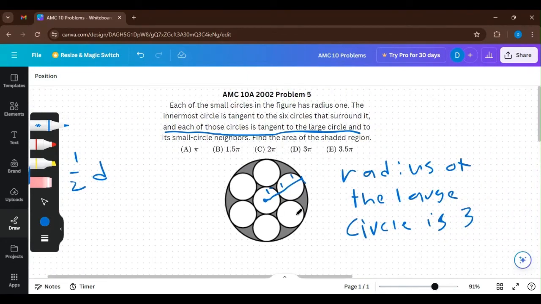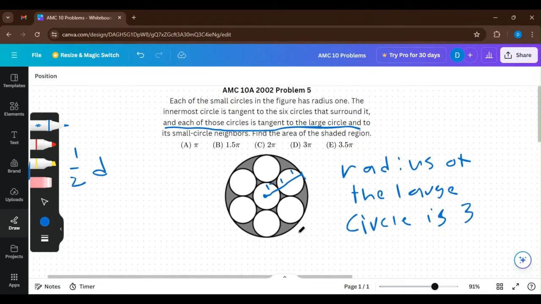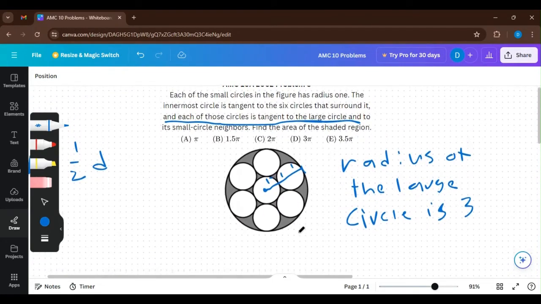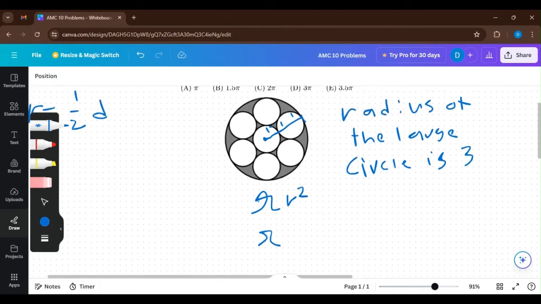So what is the radius of the small circles? The radius of the small circles is already given to us. It's 1. So it says in the first sentence that the radius of the small circles is 1. That means to find the area, do pi r squared. And if r is 1, then it's just pi. But how many small circles are there?